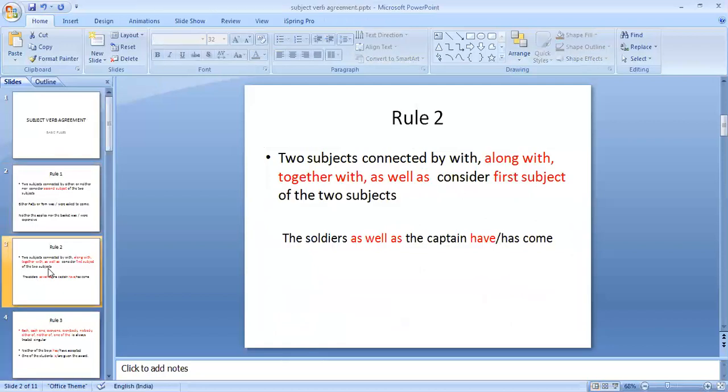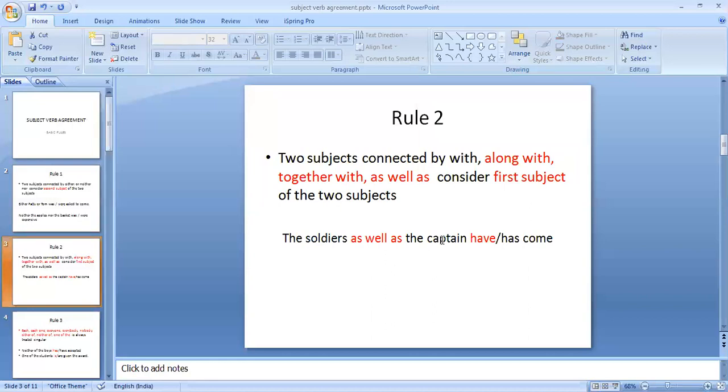Now let's move to rule number two. When two subjects are connected by with, along with, together with, as well as, consider the first subject of the two subjects. Now look at this sentence: the soldiers as well as the captain. Here there are two subjects: the soldiers, the captain. Which one has to be considered?